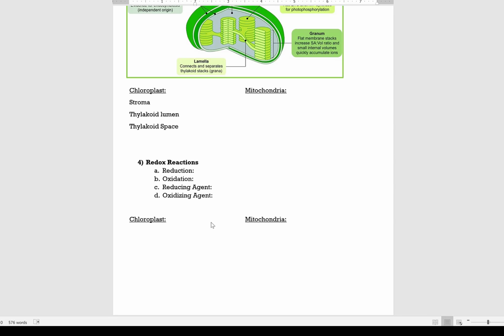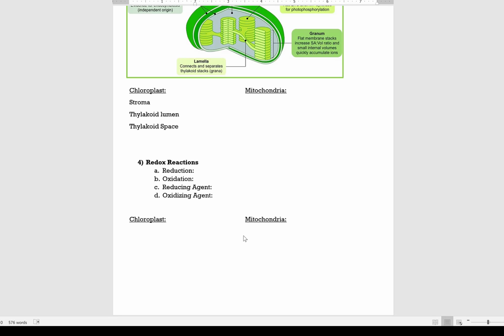And the redox reactions that we learned about in cellular respiration, remember, cellular respiration is a process that breaks molecules open and removes energy. And that energy is going to be in the form of high energy electrons. So it is a process of removing electrons from molecules in general. So that would mean we are oxidizing molecules in that process.